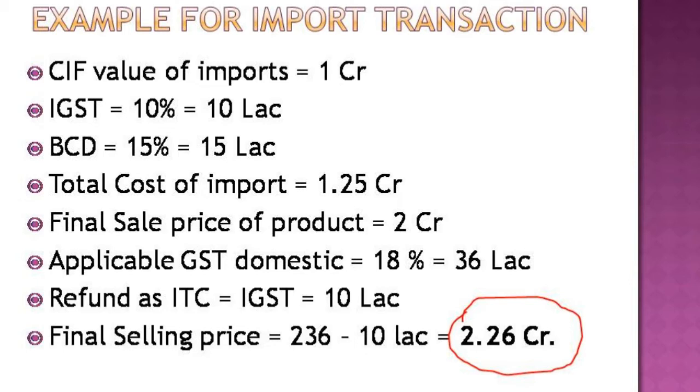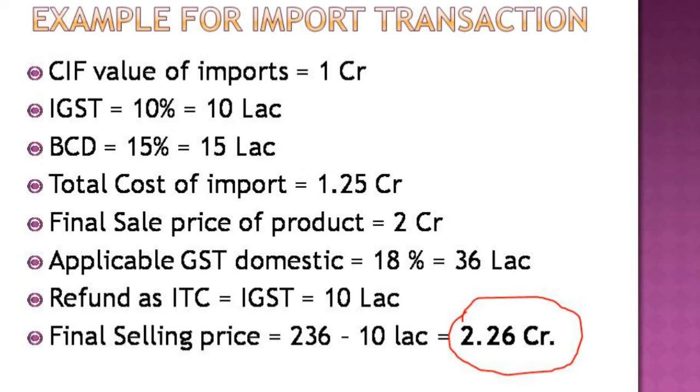The total cost for the importer is 1.25 crore. After processing the imported goods in his factory, suppose he sells the final product for 2 crore rupees within the country, then he will have to charge the final customer 2 crore rupees plus applicable GST.